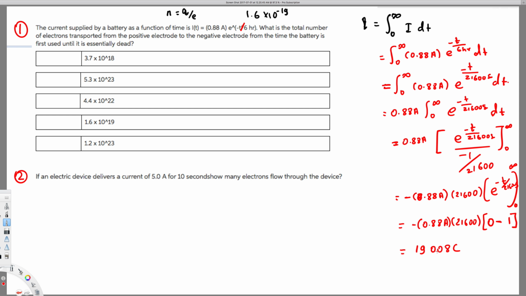Now we can use this to find the number of electrons. The number is Q over e.